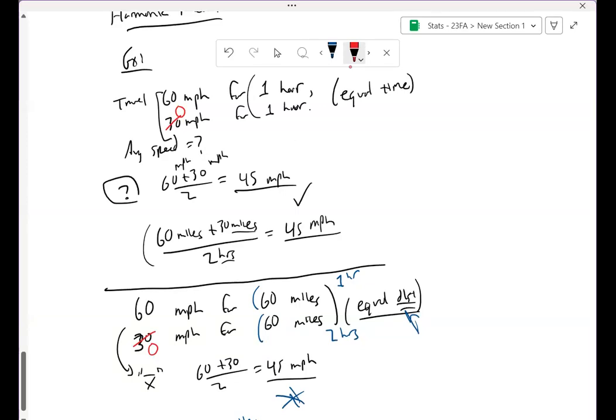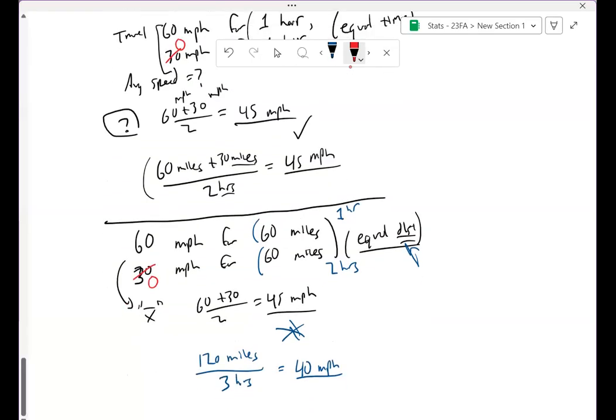I'd have driven an average of 30 miles an hour, 60 plus 0 over 2, just fine. But what about this one? Can I go 0 miles per hour for 60 miles? If I'm not moving at all, how long will it take me to travel 60 miles? It'll take forever, right? This seems like it should take infinite time or something like that.